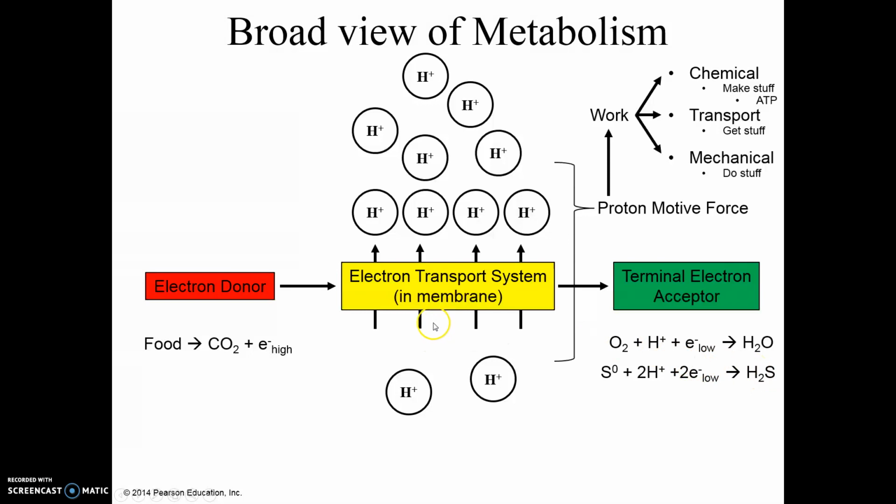Other organisms don't actually need food to get these high energy electrons. Some can essentially take water, split the water to get a low energy electron, combine that with light energy to make their own high energy electrons.